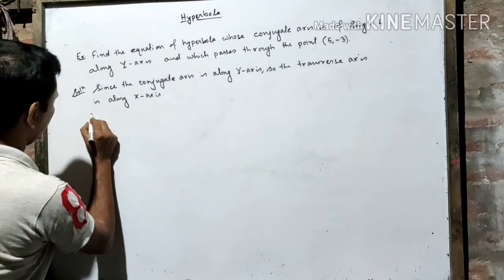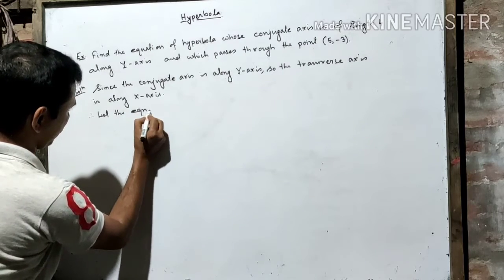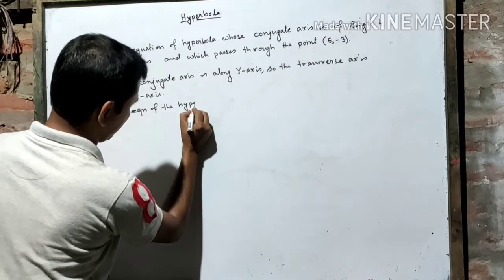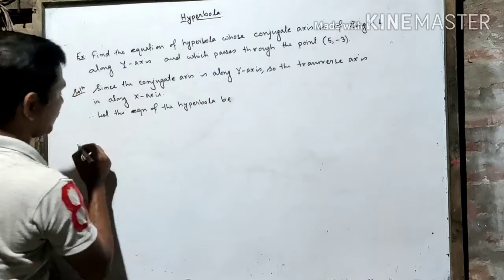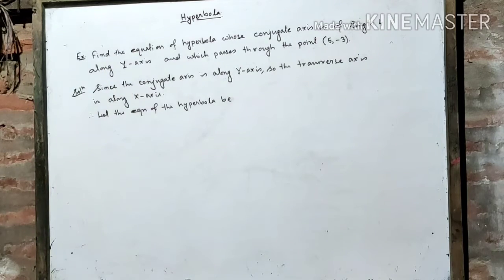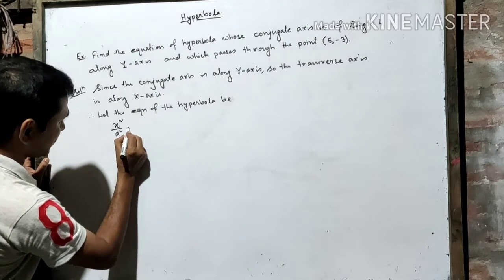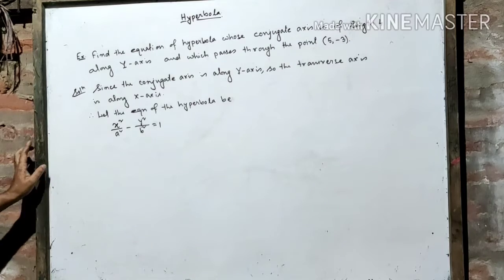Therefore, let the equation of the hyperbola be, so transverse axis is along x-axis, so x square will have the positive coefficient, x square by a square minus y square by b square is equal to 1.